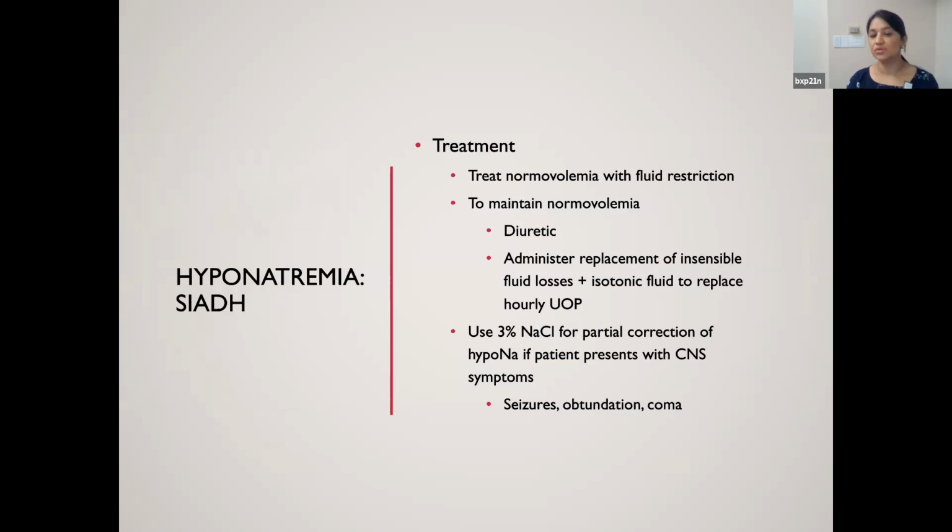And use 3% sodium chloride for partial correction if they have some CNS symptoms. Mostly they might have slow symptoms if they're walking in your clinic, but in the ICU setting, you might be using this. Outside the ICU setting, probably the ER might give 3% sodium chloride, but usually it's not done.